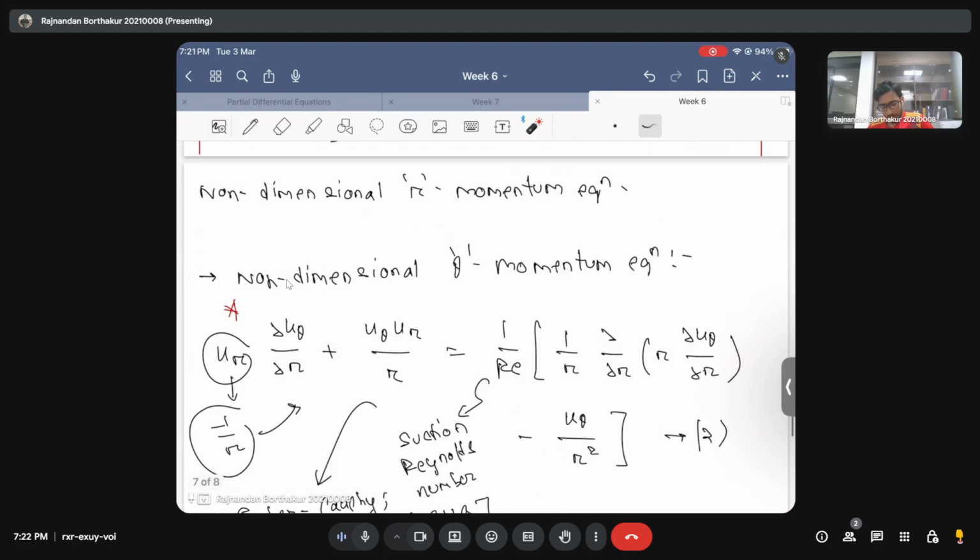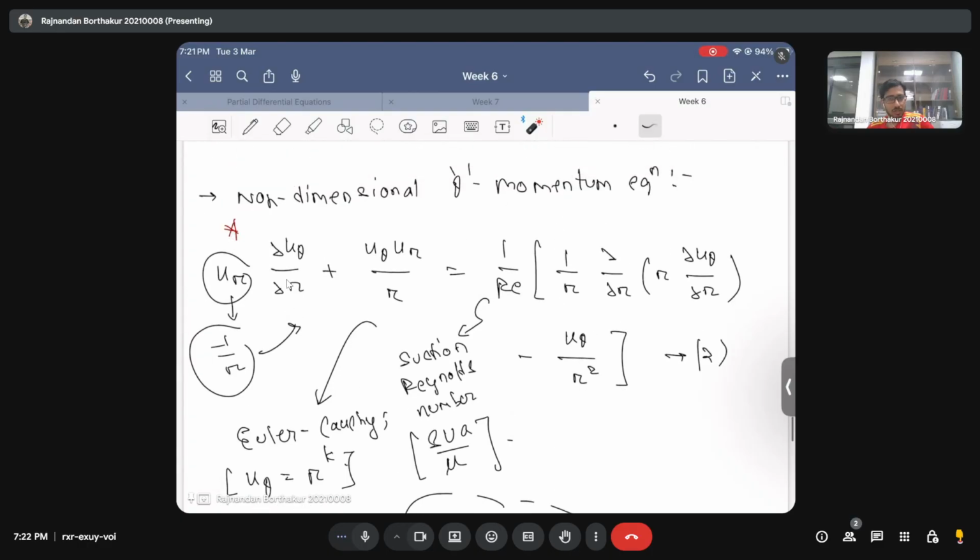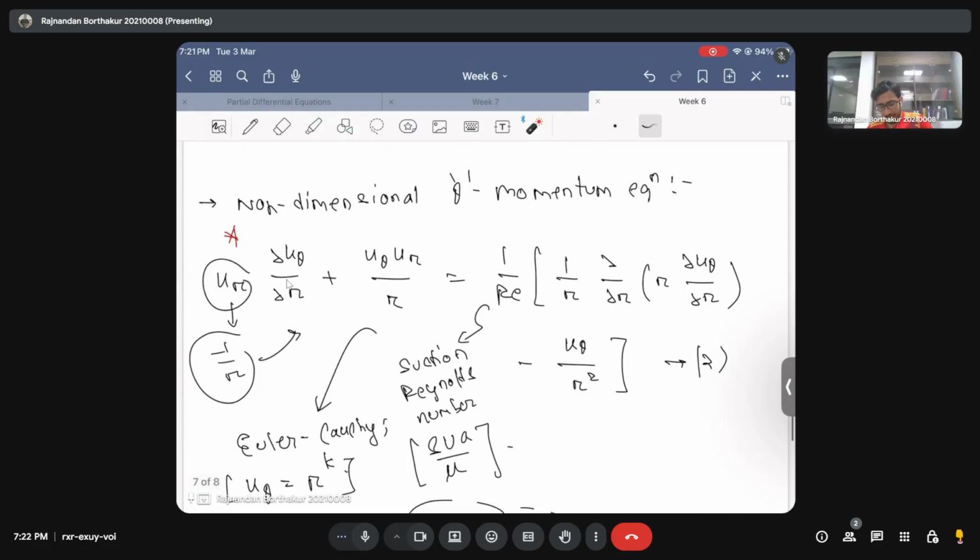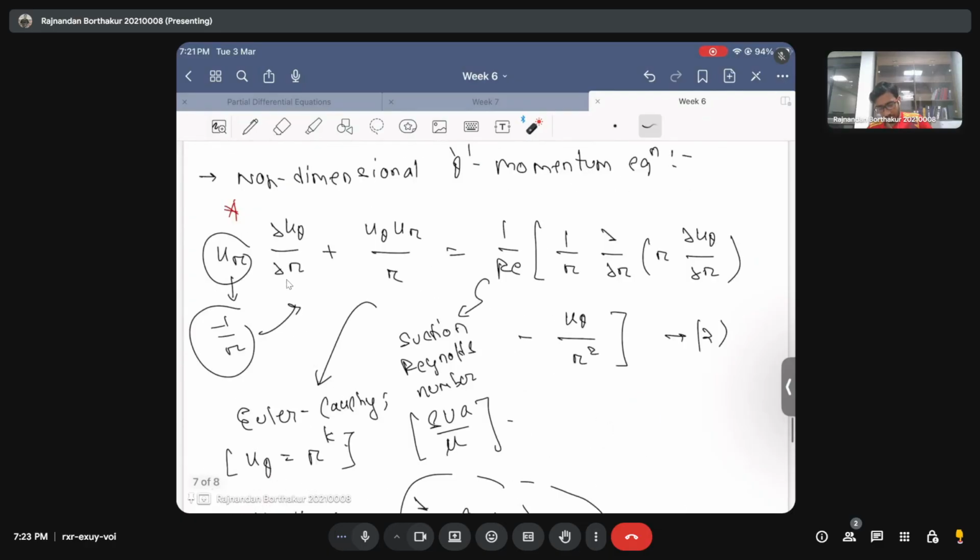Okay. So for that, we'll take the help of equation 2, because I know that in equation 2 I don't have pressure. I just have U theta and UR as variables, and I recently calculated that UR is just going to be equal to -1 by R, which means in principle if I substitute UR in equation 2, I must get an equation which governs U theta solely. Okay, so that's what we will do.